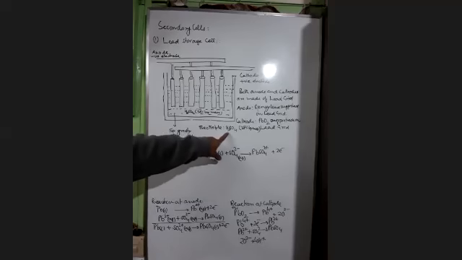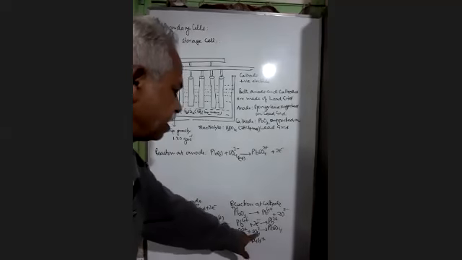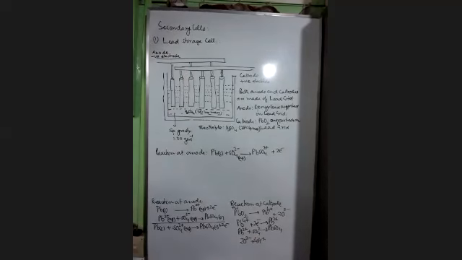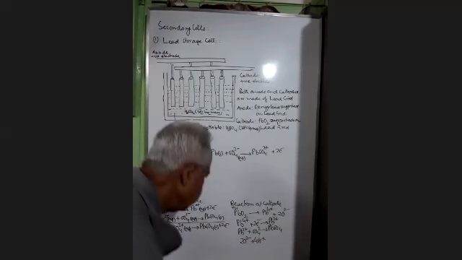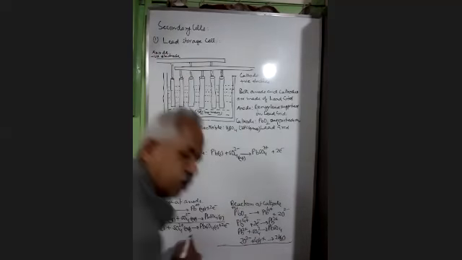Here sulfuric acid H2SO4, each has 2H plus. One sulfate is here, from here I get 2H plus. Another sulfate is here, I get another 2H plus. So total become 4H plus. So it will give you 2H2O.